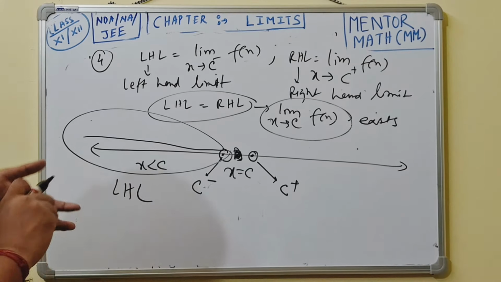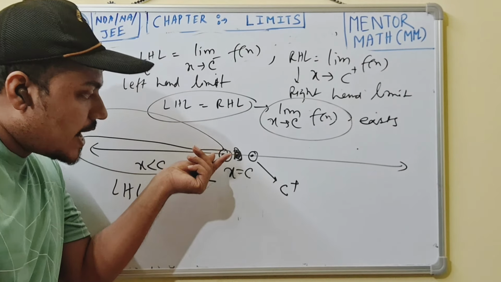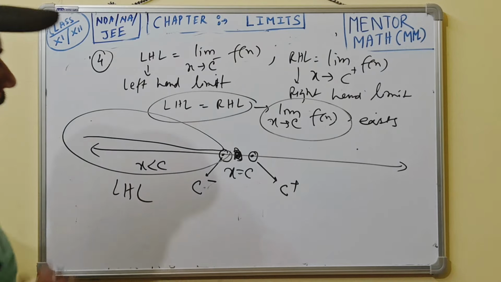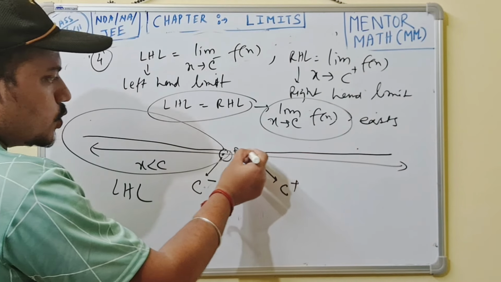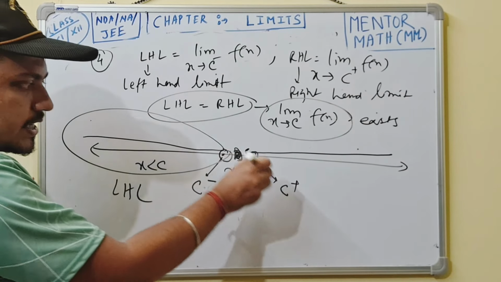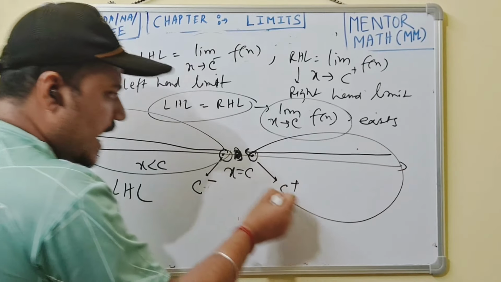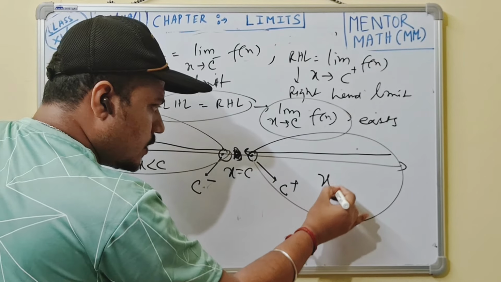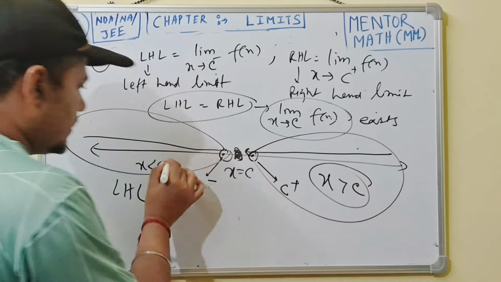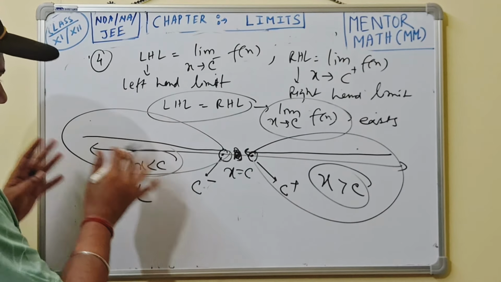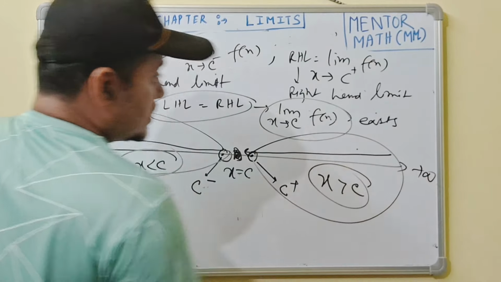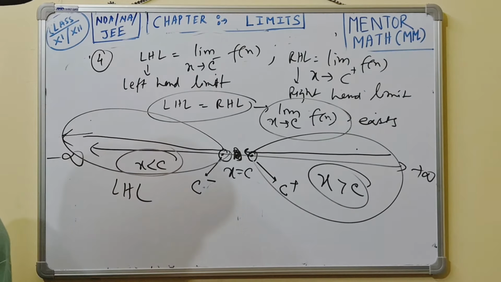Whatever value you take from the left neighborhood of c, all values are x less than c. And similarly when it comes to the right hand side close to c, that is your c plus, whatever value you take from the right hand side is greater than c. So this is the main concept you can remember, here is minus infinity, this is your plus infinity. Okay, so note please this number 4.